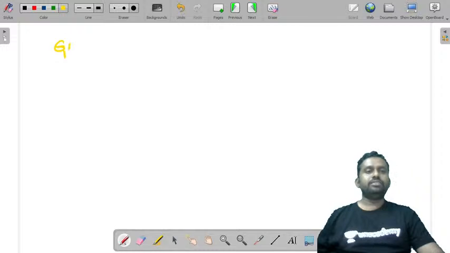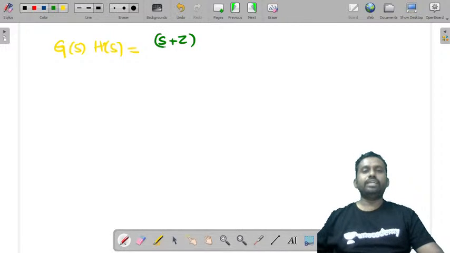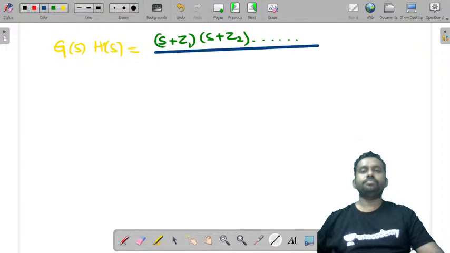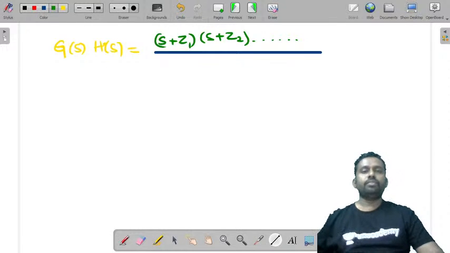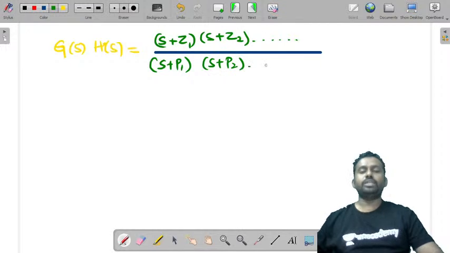Now let us consider G of s into H of s, which is equal to (s plus z1) into (s plus z2) and so on, by (s plus p1) into (s plus p2) and so on.